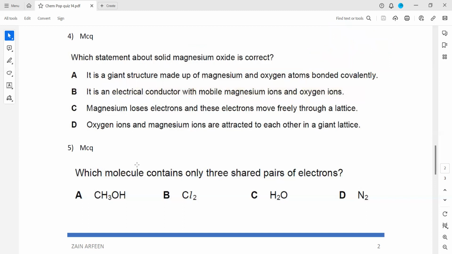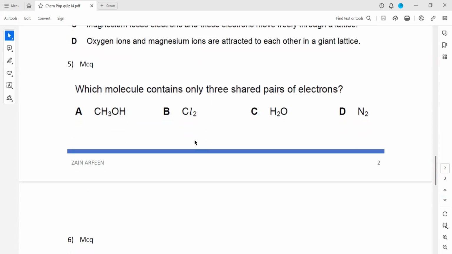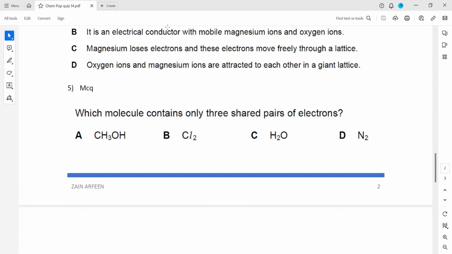Then which molecule contain only 3 shared pair of electrons? So for this, you have to first draw the structure of each of them. When we draw a structure of CH3OH, hydrogen share 1, oxygen share 1 from this side, and then oxygen share another one with carbon, because carbon share 4.